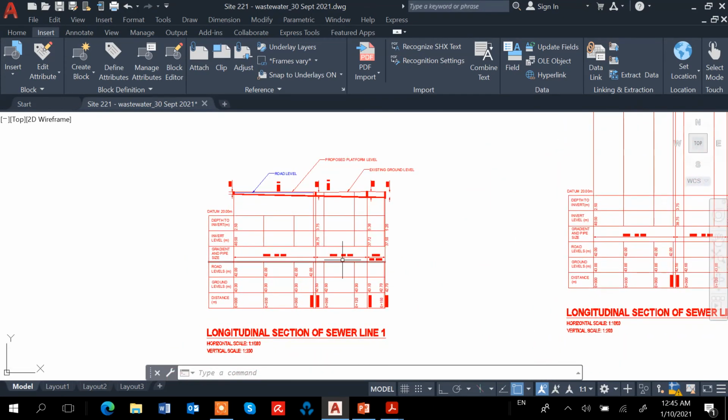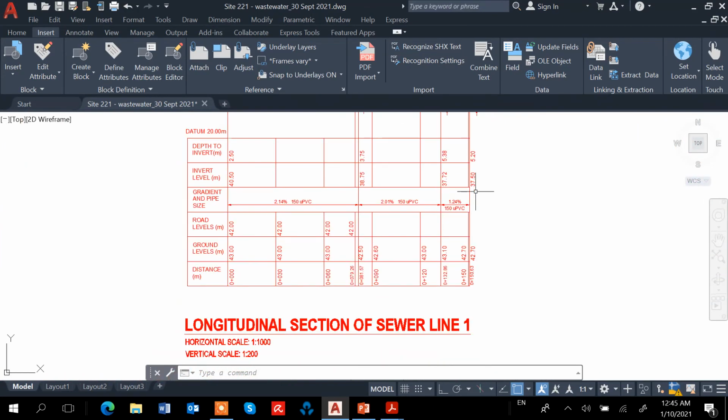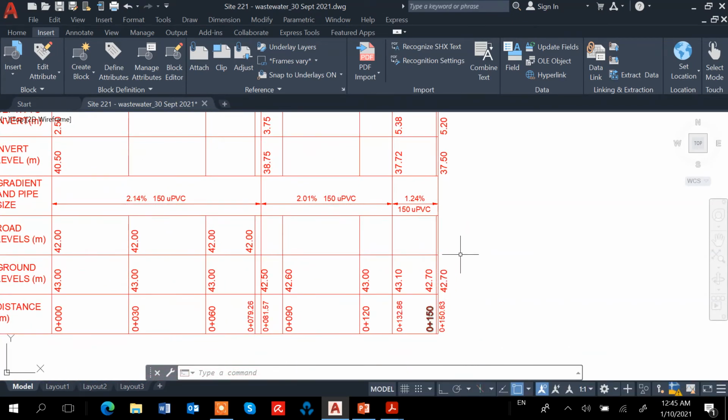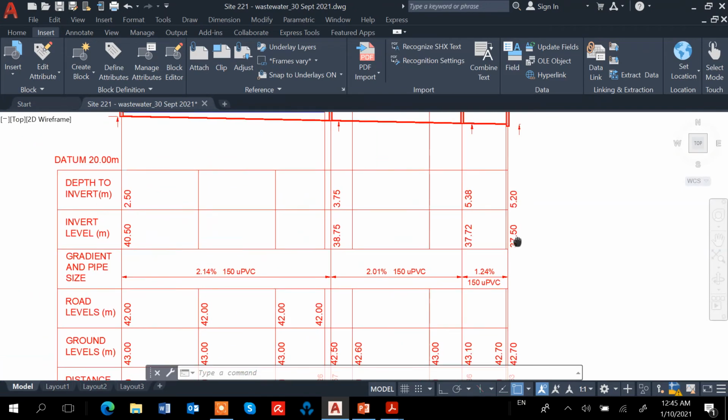We start from 37.5, the invert level, from here and then to the next manhole. We maintain it at 1.4% because I want to go deeper, because there are two lines, sewer line 2 and sewer line 3, so that the other two lines can go in.